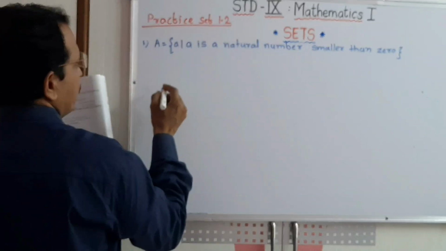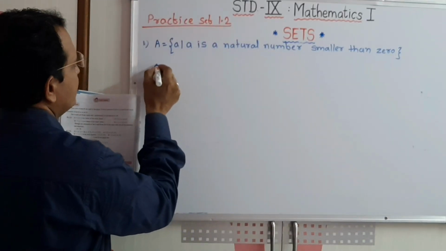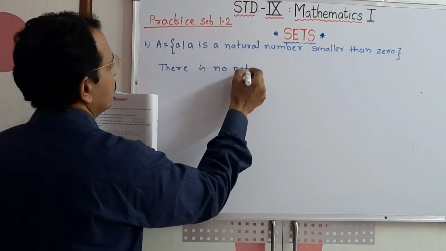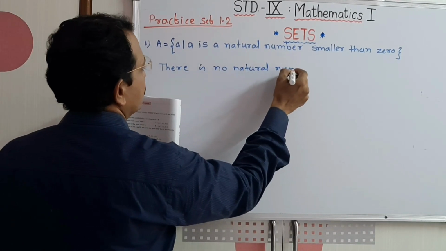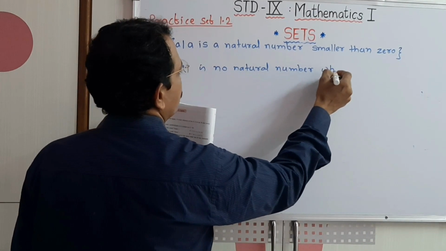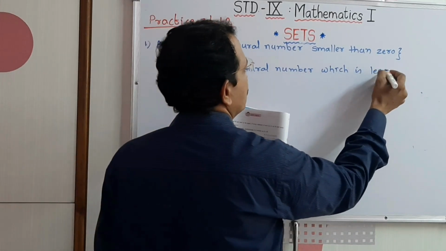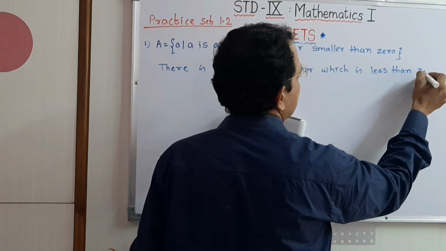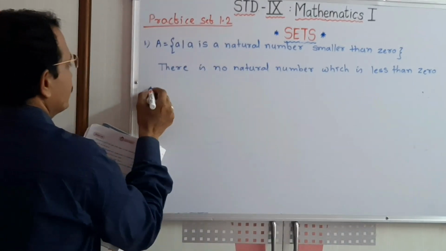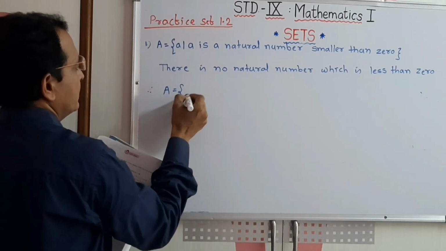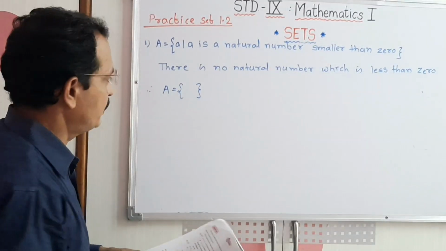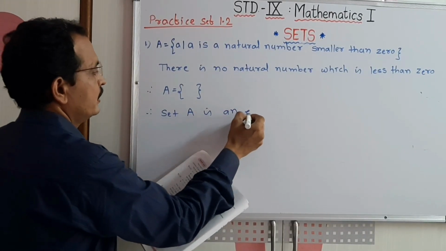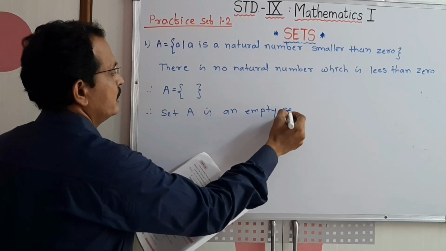See here, we have to write there is no natural number which is less than 0. Therefore, set A doesn't contain any elements. Therefore, we write here set A is an empty set.